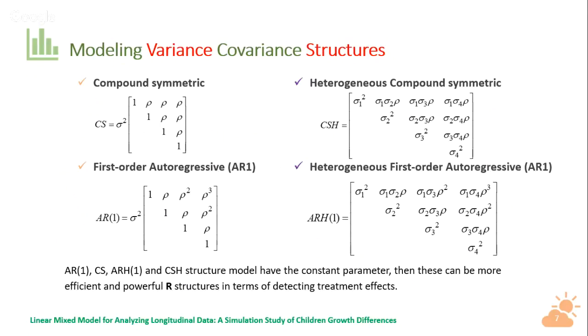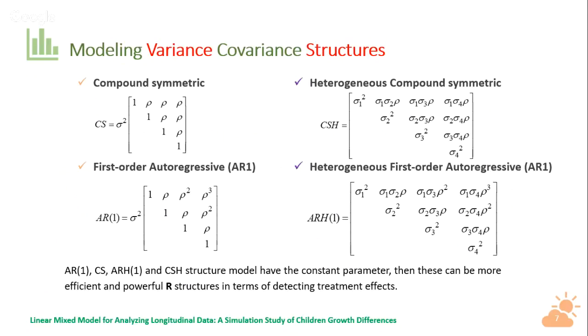And then we have the first order autoregressive covariance matrix. In the first order autoregressive, we have sigma squared multiplied by a matrix with the main diagonal of 1, and then the others decrease exponentially with rho multiplied.